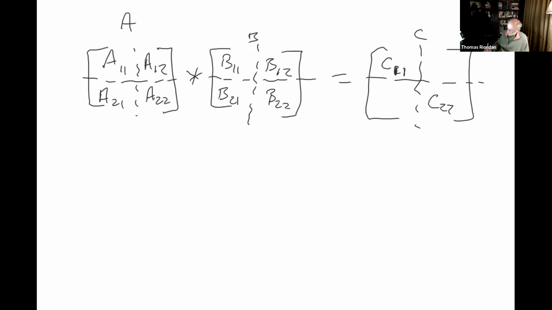And so it turns out that C11 is equal to A11 times B11 plus A12 times B21.